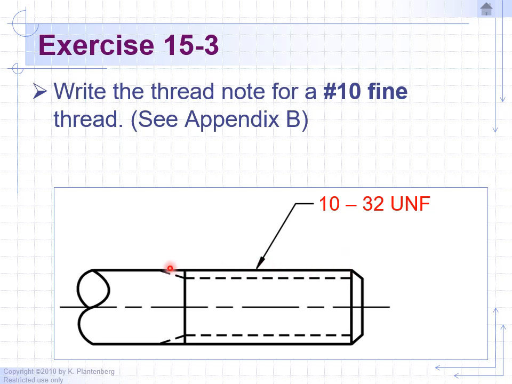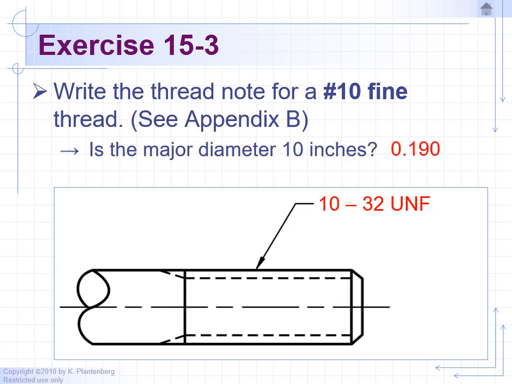If it had 2 inches in length, multiply times 32 and you would have 64 threads. So again, you always call it out as how many threads per inch. And the UNF stands for United National Fine Thread. And the number 10 doesn't stand for a 10-inch diameter. It stands for 0.190 as shown on the table.